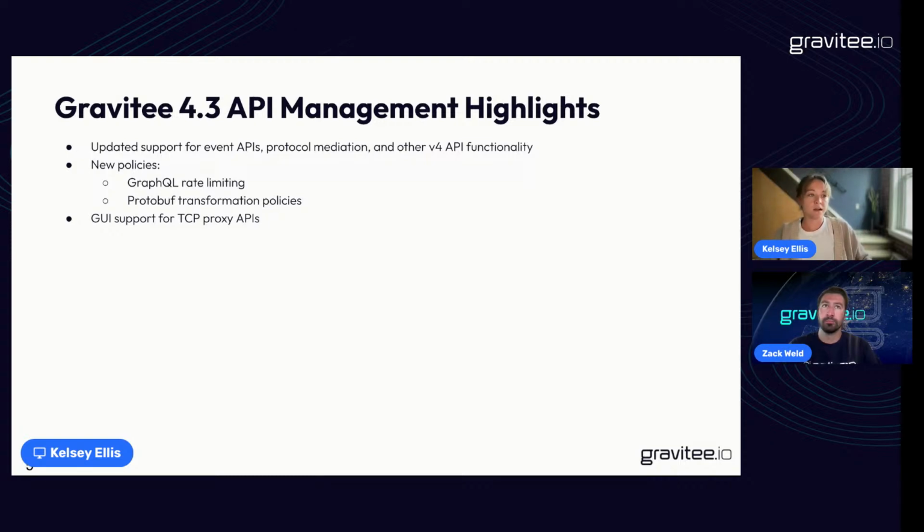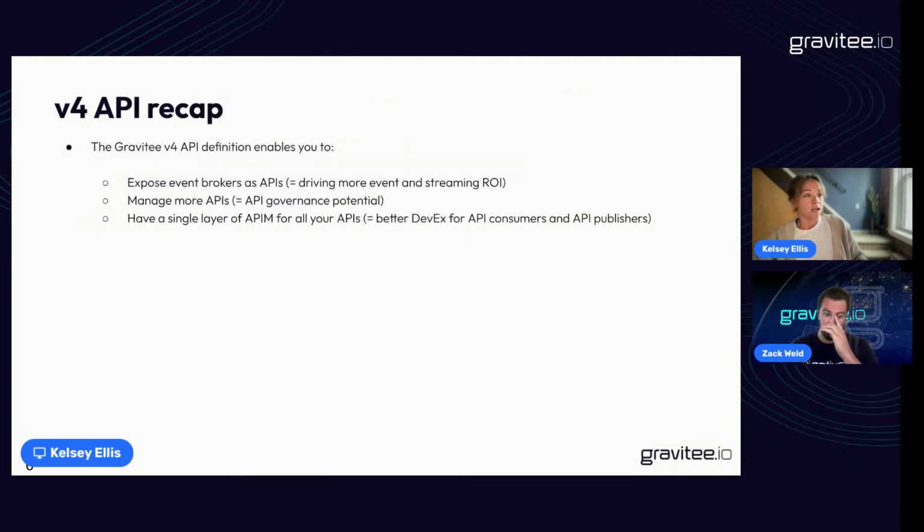And then we will talk about a couple of new policies that we have with this release, one being the GraphQL rate limiting, the other being Protobuf transformation policies. These are two major ones for us in this release. And then we have GUI support for TCP Proxy APIs. So the TCP Proxy was released in Gravitee 4.2. It is now in the UI.